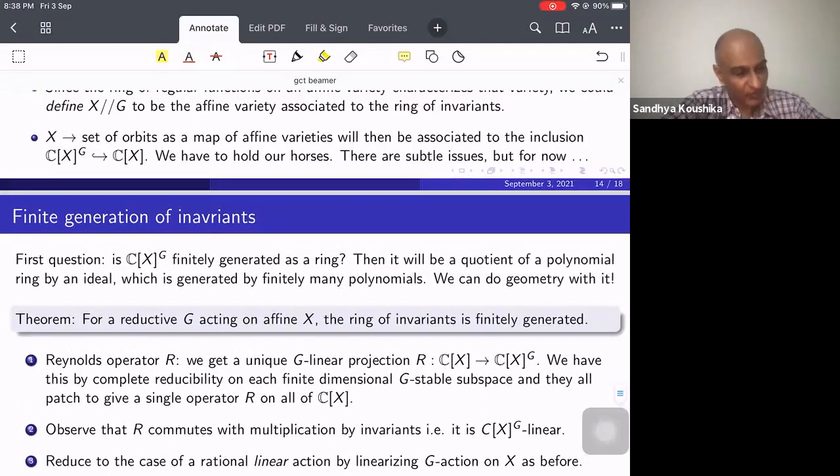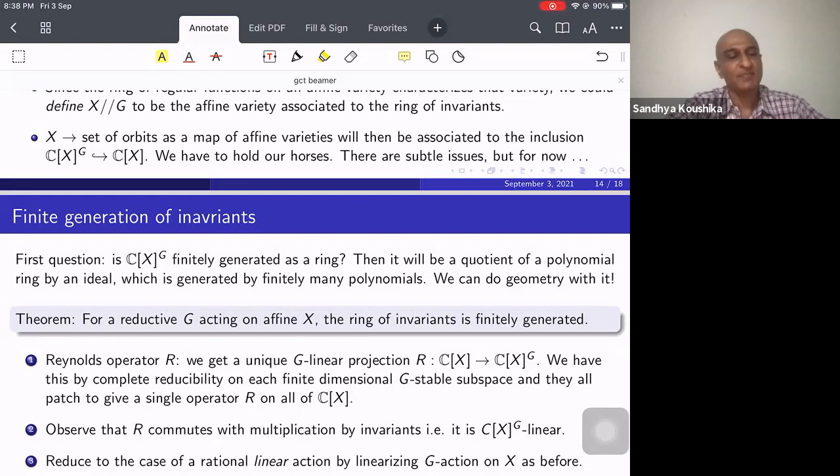So then the next step is that we reduce this proof from an arbitrary affine variety with a G action to a linear action. And remember that we already put this into place, that every affine variety on which G acts morphically can be put as a closed subvariety inside an affine space on which G is acting linearly.